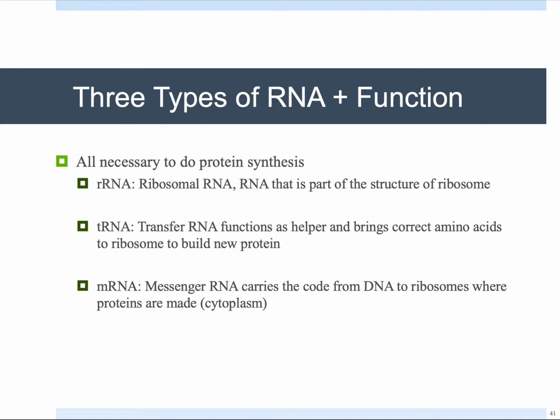And then you have tRNA, which is transfer RNA, and what it does is that it brings the right amino acids to the ribosomes and then binds to the ribosomal surface and ends up helping in the formation of the polypeptide chain or the protein. Then you have the messenger RNA, which is the code. It contains the information from the DNA, which would direct the synthesis of proteins. So you have these 3 different RNAs.